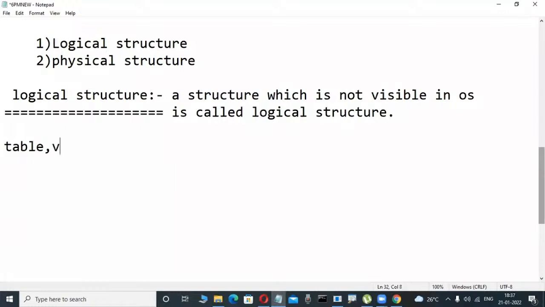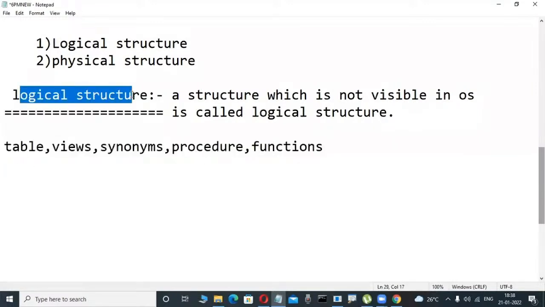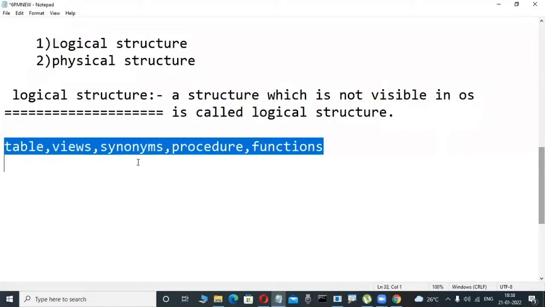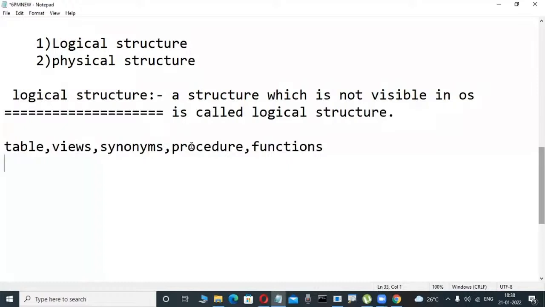Views are there, synonyms are there, indexes are there. These are all database objects. Procedures, functions, triggers, packages are there. So many things, all logical structure. Whatever objects we are learning in our courses are not present in the operating system.